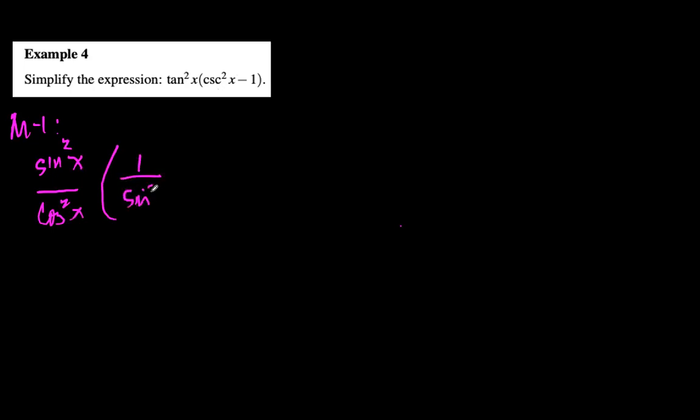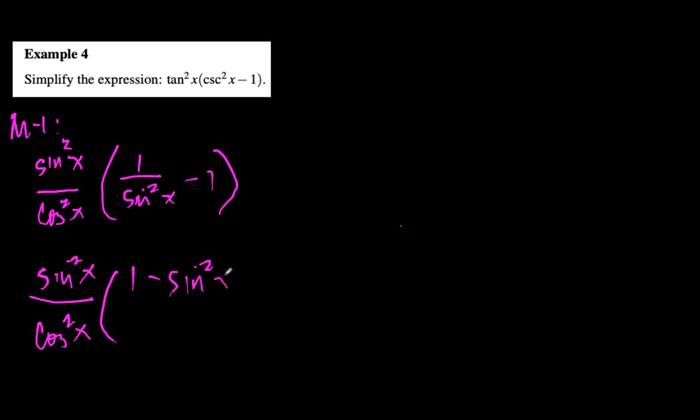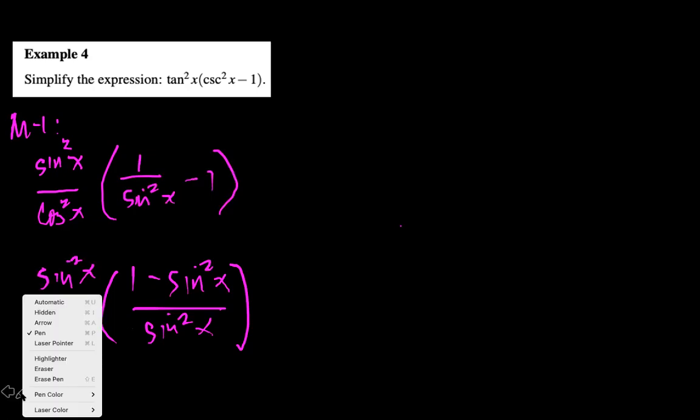Square x minus 1. Kasi naka-square si cosecant, di ba? So I have sine square x over cosine square x times 1 minus sine square x all over sine square x. Ayan. So we have already expressed everything in terms of sine and cosine.